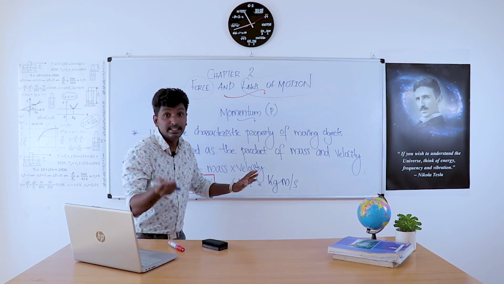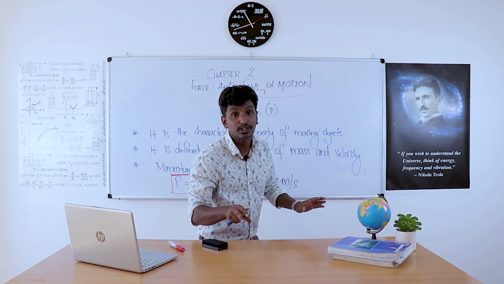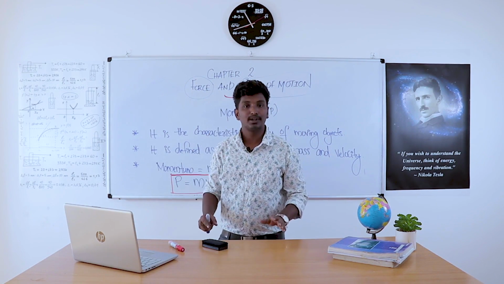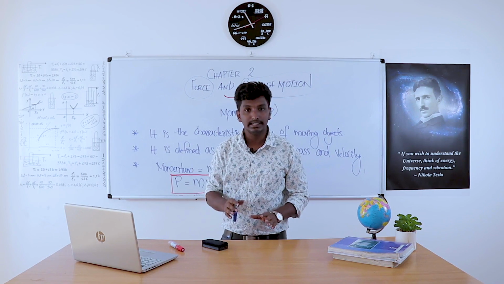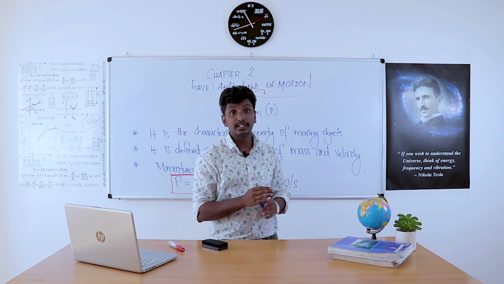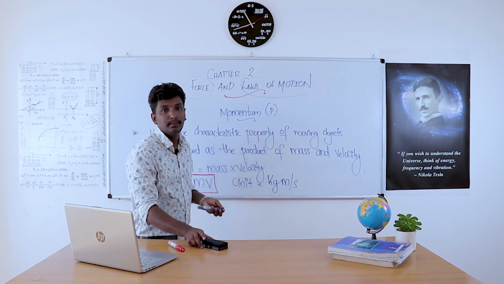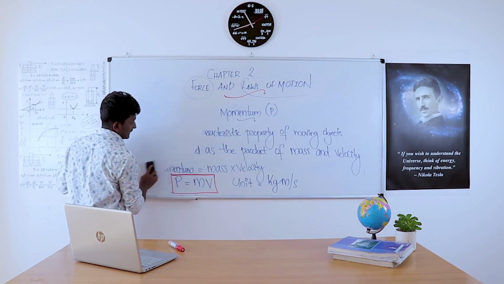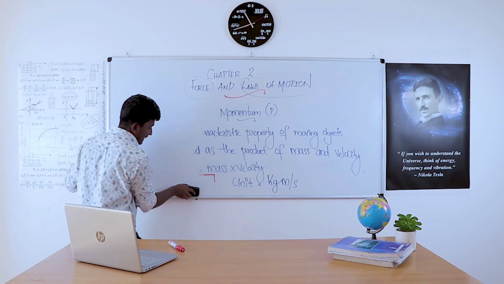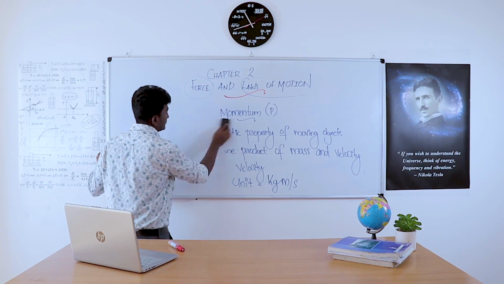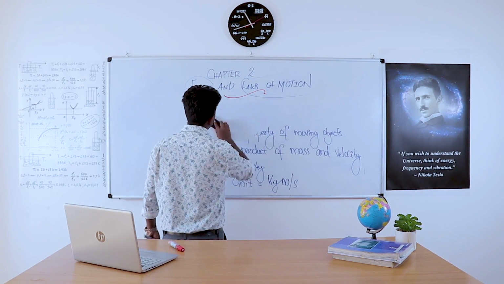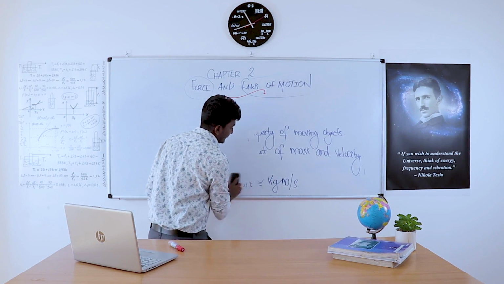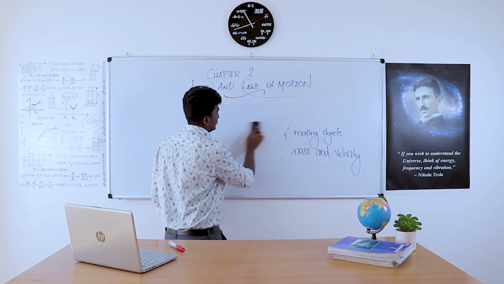Just recollect it: it is the characteristic property of a moving object and is defined as the product of mass and velocity. The equation is P is equal to mv and the unit is kilogram meter per second. Now we are clear about the term momentum and thus can easily go through Newton's second law of motion.